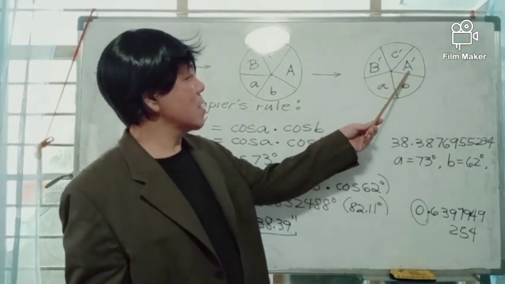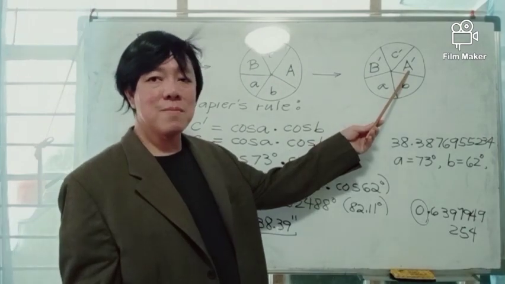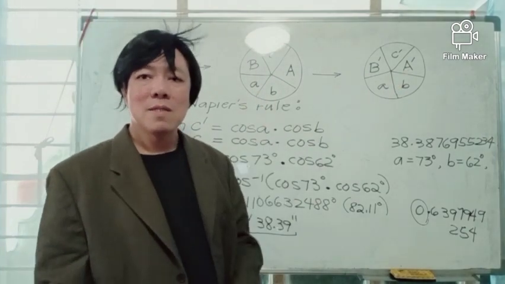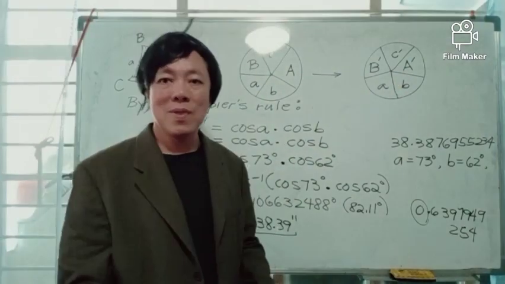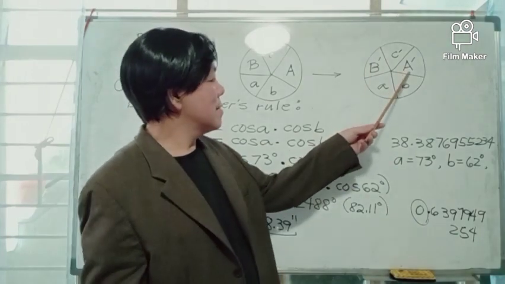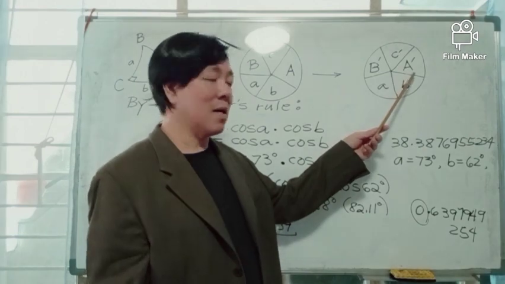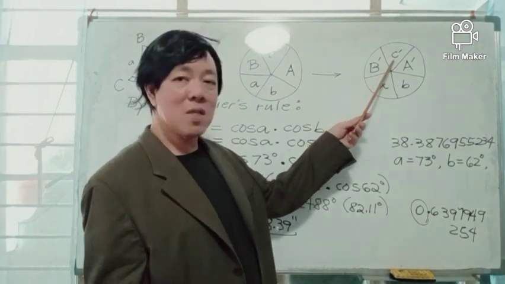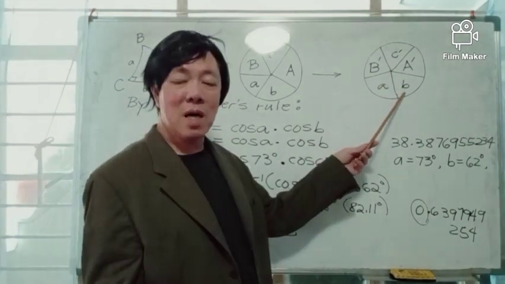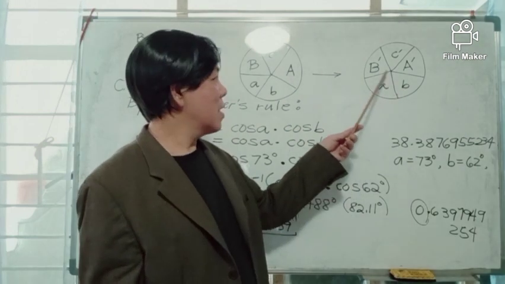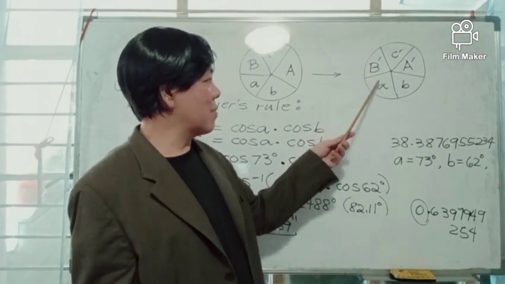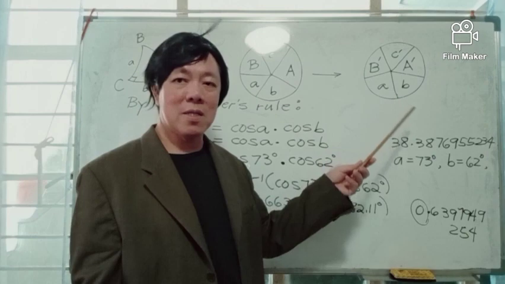We start with the surface angle, capital A, by the first Napier's rule. If we take capital A prime as the middle part, small c prime and small b are the adjacent parts, and capital B prime and small a are the opposite parts.